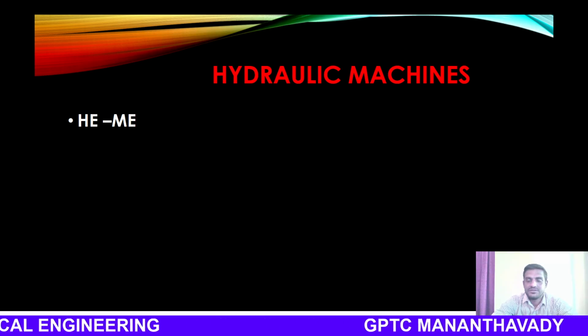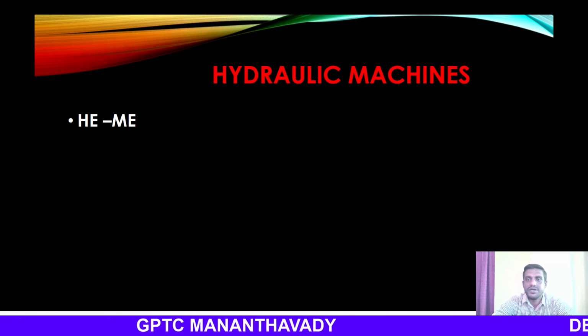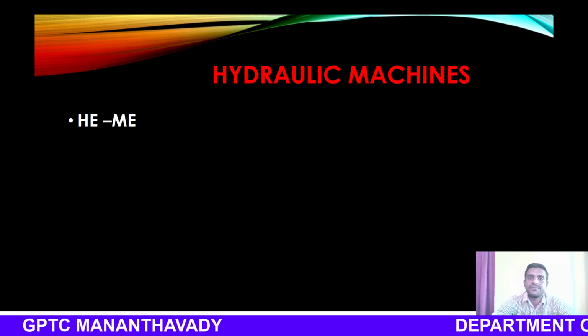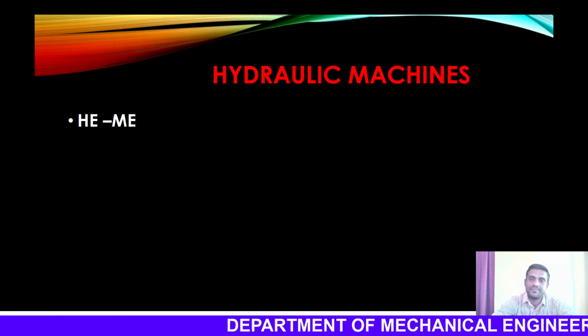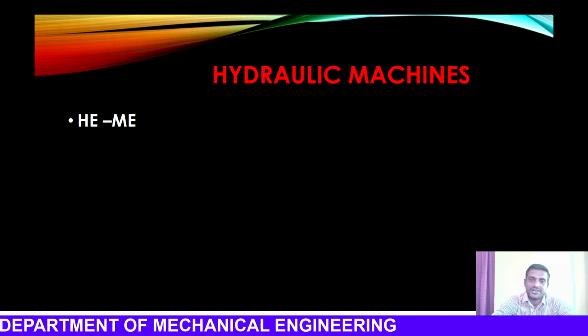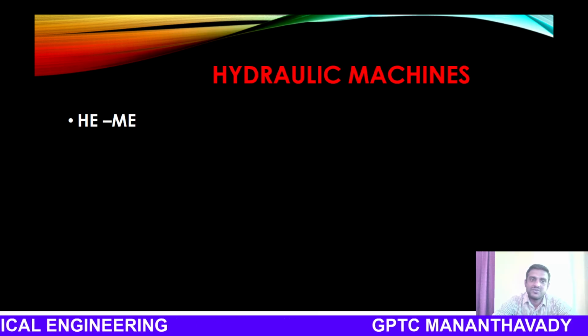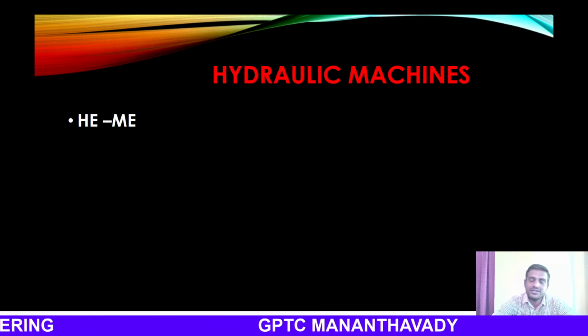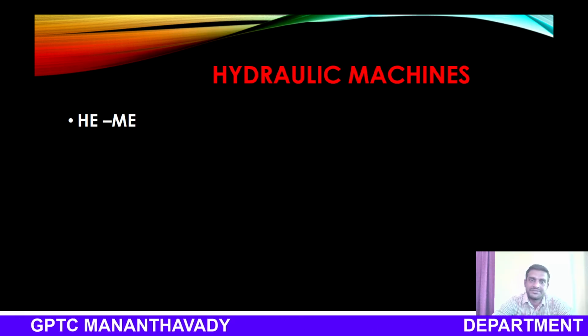As we know from fluid mechanics, hydraulic energy means the total energy possessed by the fluid. So what are the various types of energy that a fluid can possess? For example, in a dam, the water is stored in the reservoir, and from a height we carry this water to the power generation units, that is the turbines.